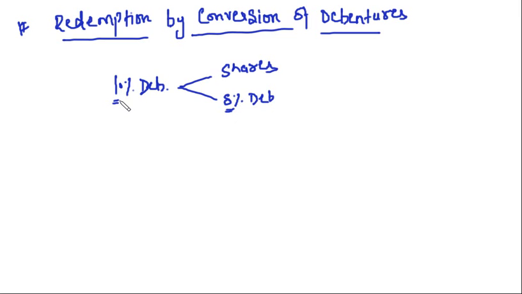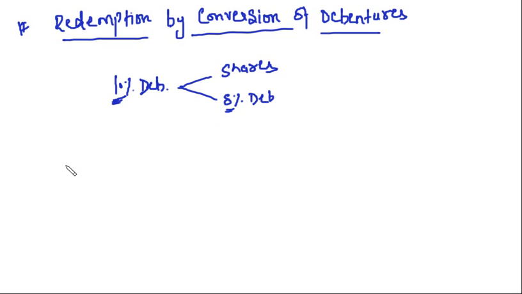So on maturity or even before maturity, if I want to redeem these debentures by conversion, I can convert the debentures either into shares or into another class of debentures having a lower interest rate. Clear? This is how we redeem these 10% debentures.